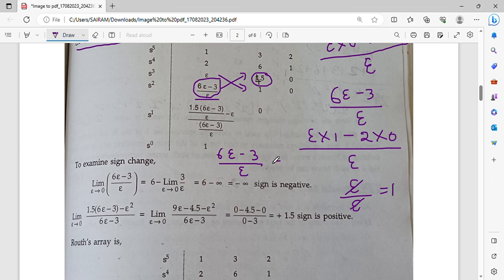and into 1.5. So if you multiply that, 1.5 will come here, which is nothing but 1.5 into 6e minus 3 divided by e, and you will get minus e, whole divided by this particular.